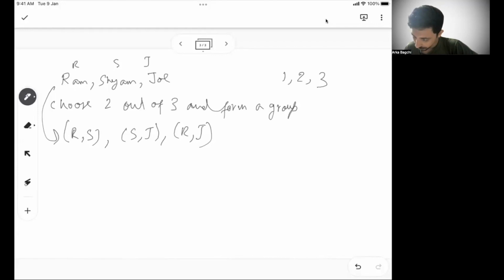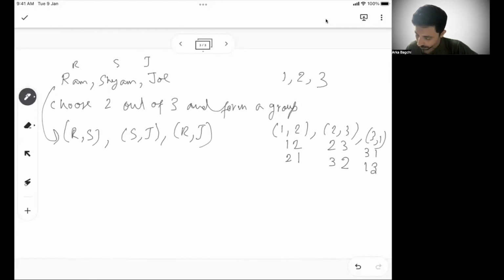And here you can take 1, 2, you can take 2, 3, you can take 3, 1. But the numbers that get formed here are: 1, 2 can be 1, 2 or 2, 1; 2, 3 can make 2, 3 and 3, 2; 3, 1 can make 3, 1 or 1, 3. So there are 6 possibilities here, and 3 possibilities there.